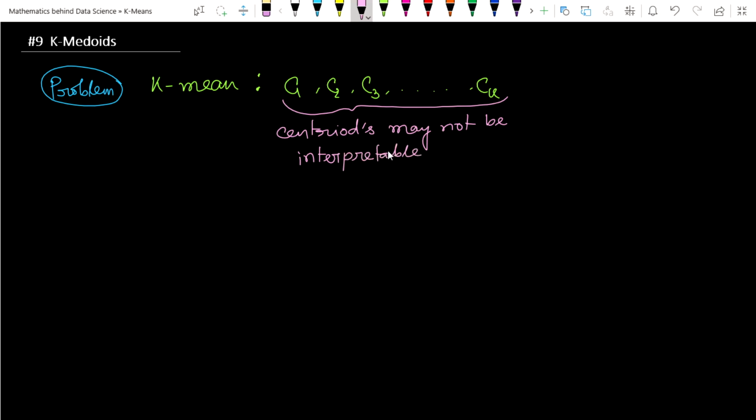That is the main problem. So why is this not interpretable? The question arises: why is this not interpretable?